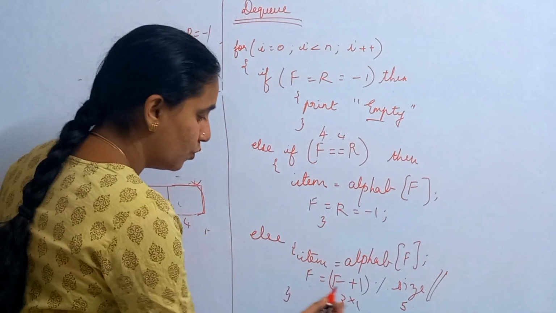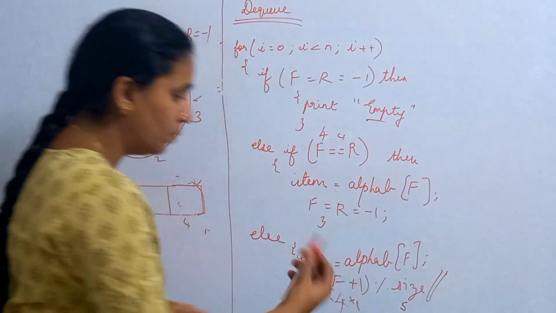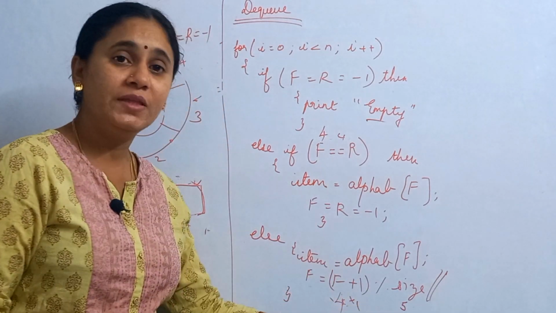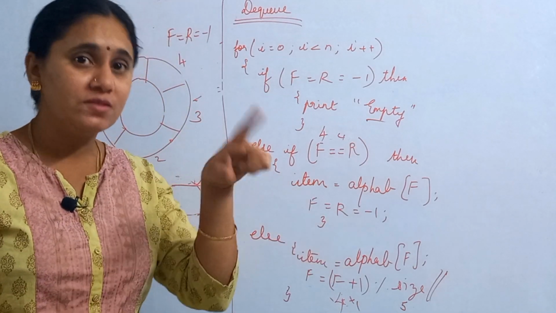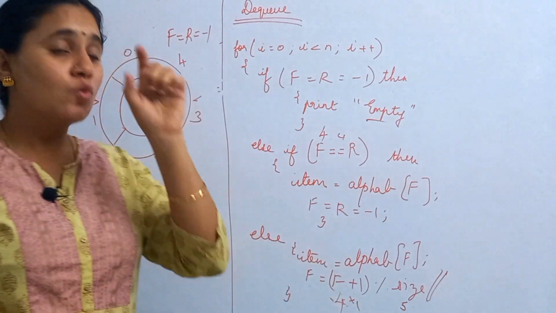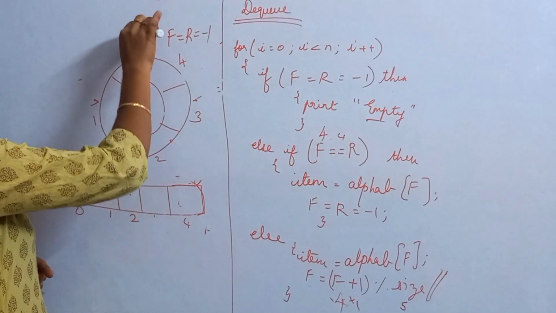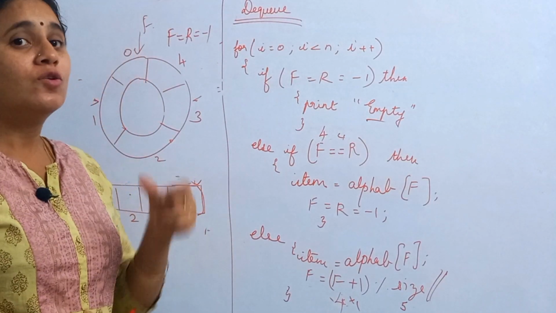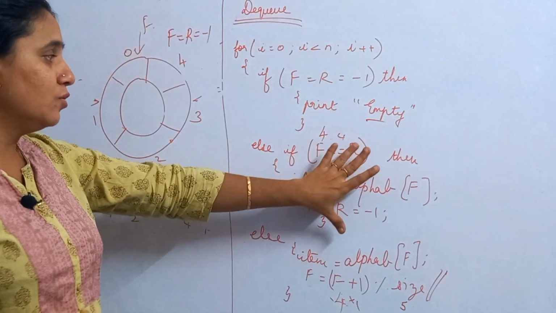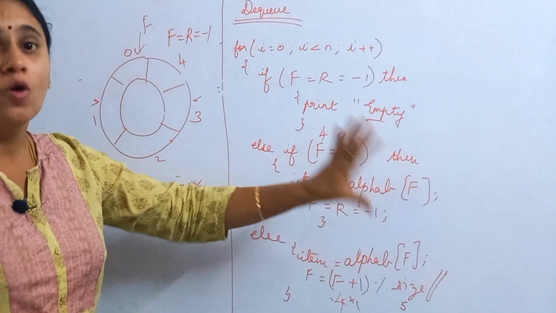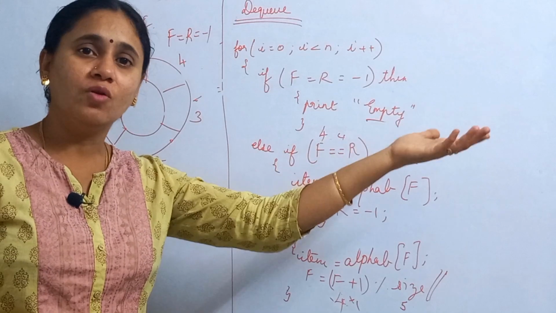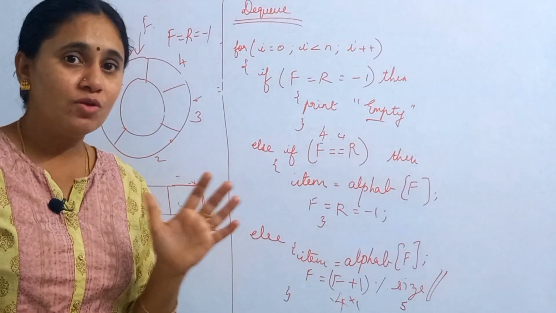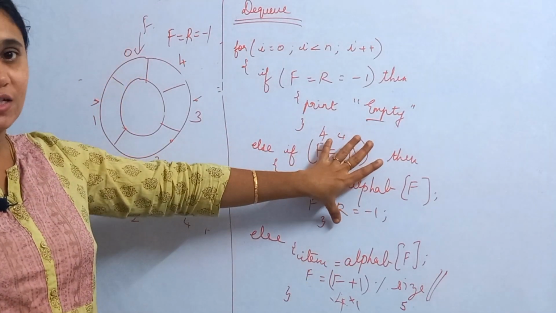If I write over here 4 plus 1, what will be the answer? You are getting the remainder as 0. So what will happen? Once again the front pointer will start to point to this area. So this is not a valid operation. So for that case only we are using a separate condition for making the pointers come out of the data structure. Friends, are you all clear why we have used this separate condition?